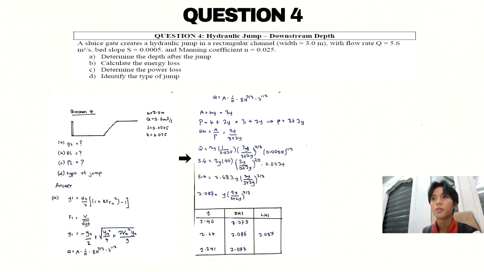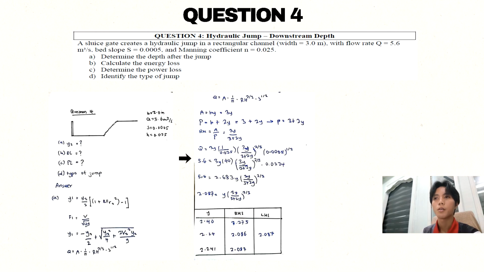So by doing the calculations for A equals b times y, we will get 3y. For P, we will get P equals 3 plus 2y. For Rh, we will get 3y over 3 plus 2y. So let's put it in the Q discharge equation.